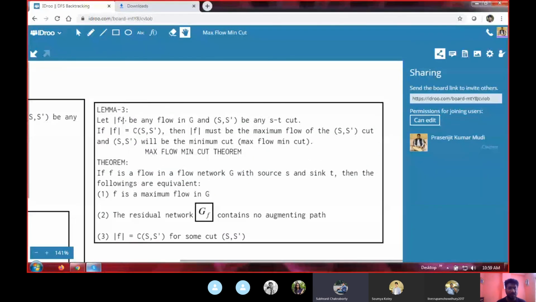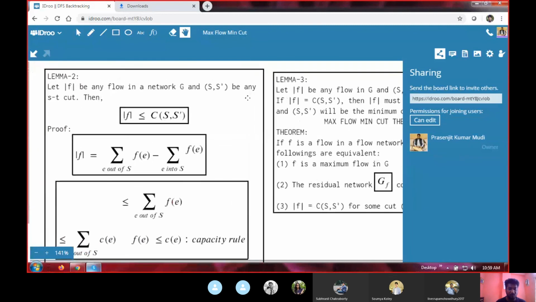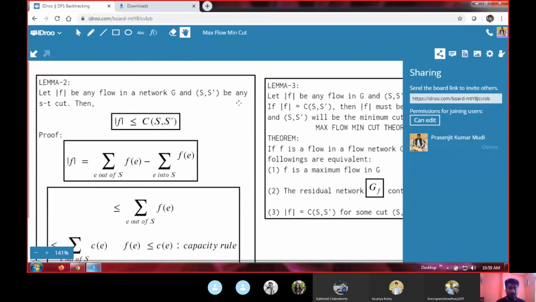Right. Let f be any flow in G and S comma S prime be any S-T cut, and if the flow f is equal to C of S comma S prime. So this can directly be inferred from this upper bound. f is less than or equal to C of S comma S prime. That means the maximum value of f must be C of S comma S prime.